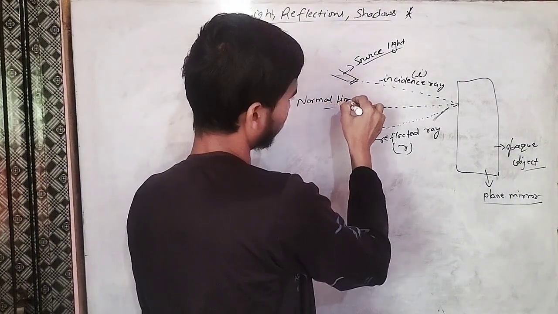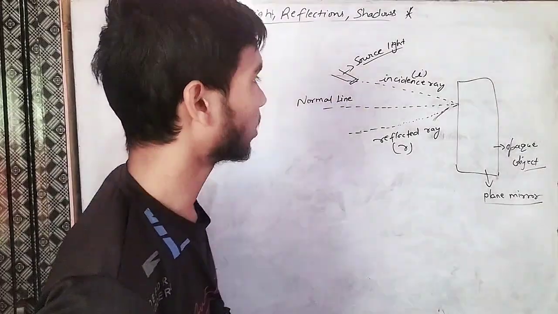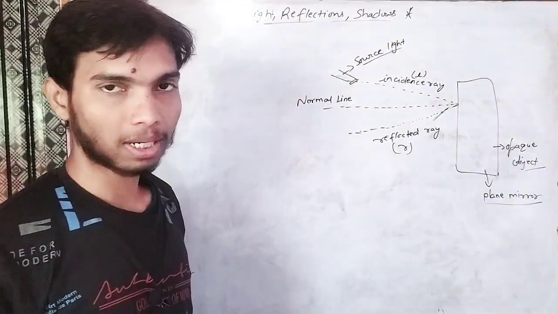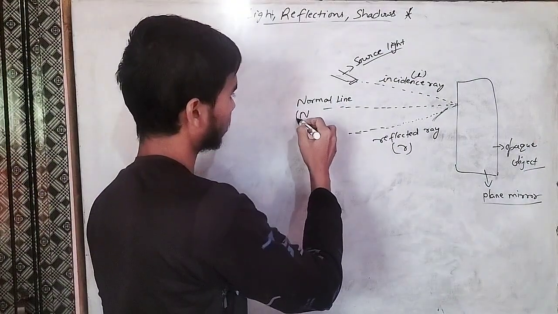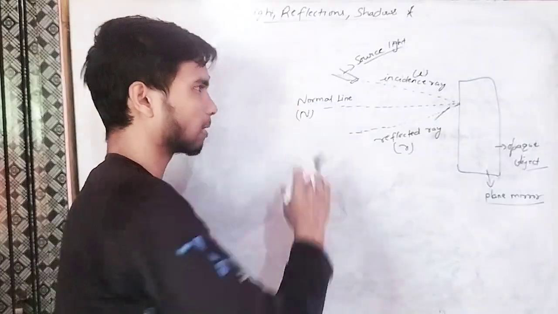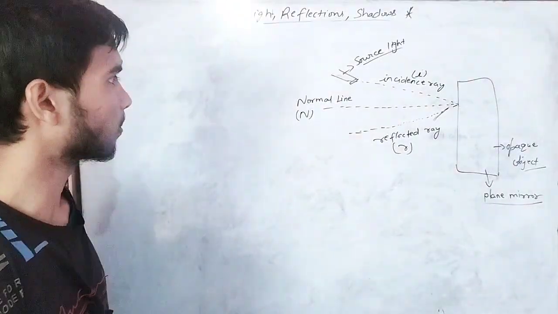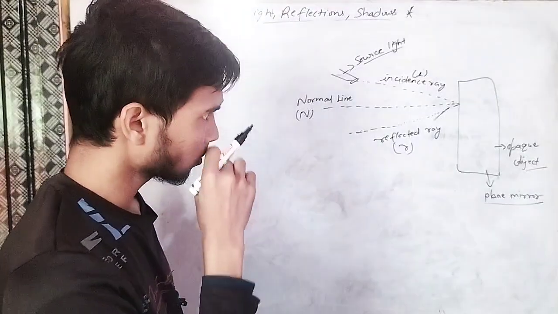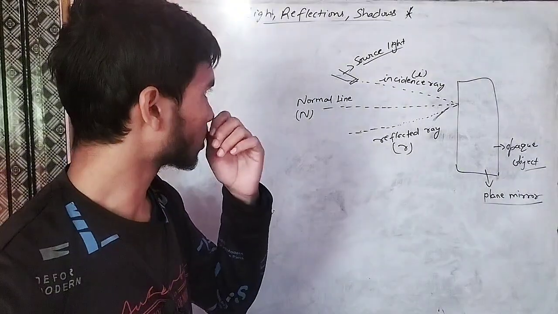We can represent it by a letter. It is not compulsory, but it will be compulsory in mathematics. Clear? So here we understood the reflection of light.